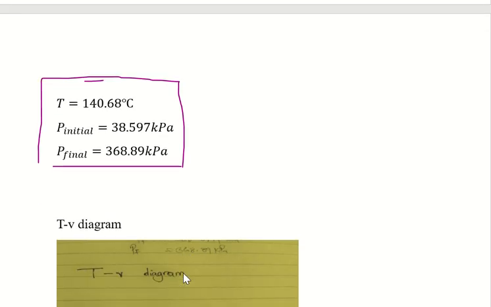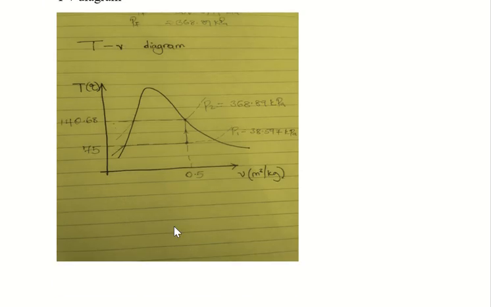So they asked us to draw a T-v diagram, and it should appear like this. Okay, temperature on your y-axis and specific volume on your x-axis. So from the entire table, from what we've been working with, we were told we have a specific volume of 0.5 meters cubed per kilogram, and we knew this was the property of the superheated vapor.